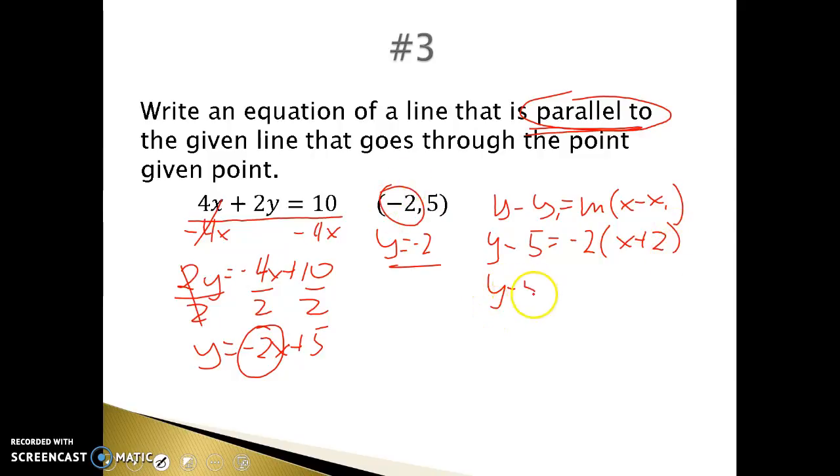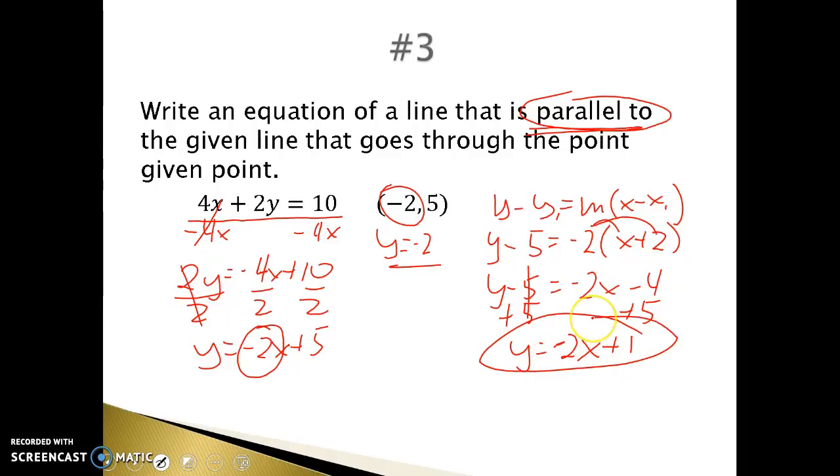So that means we're going to have y minus 5 equals negative 2x minus 4, because negative 2 times positive 2 is negative 4. And then to get rid of the subtracting 5, we're going to add 5 to both sides. So we'll have y equals negative 2x plus 1. And that is an example of a line that is parallel to this line, but goes through this point here.